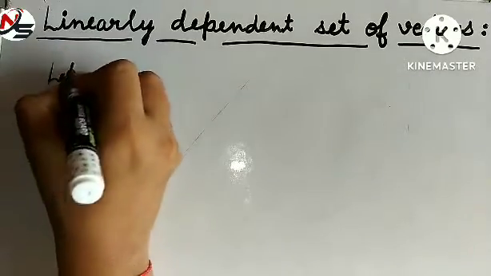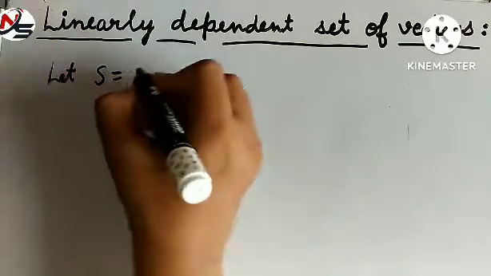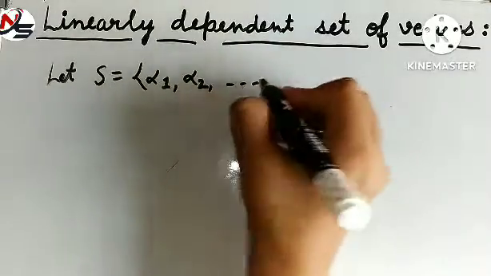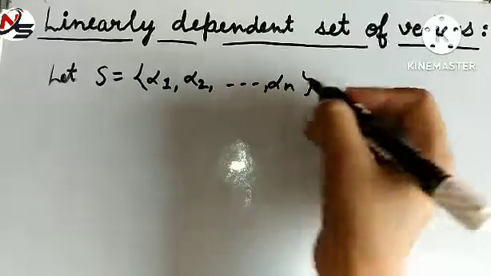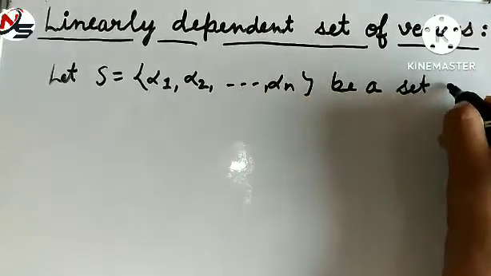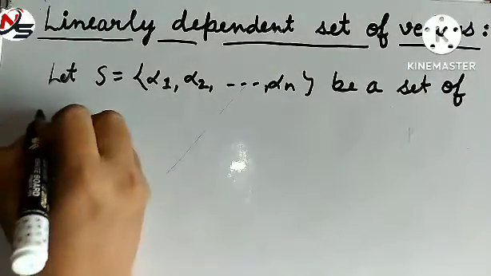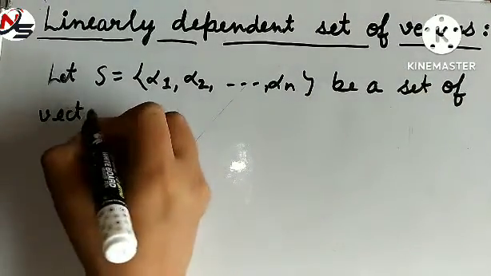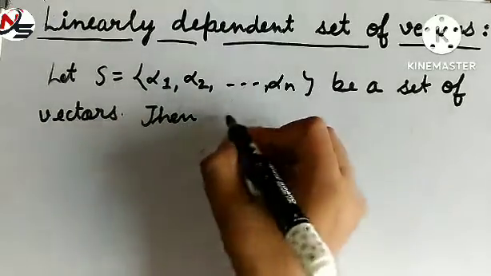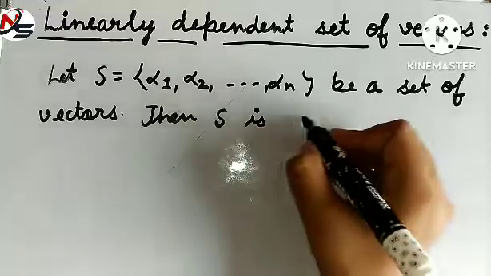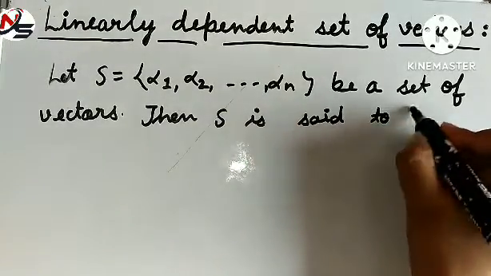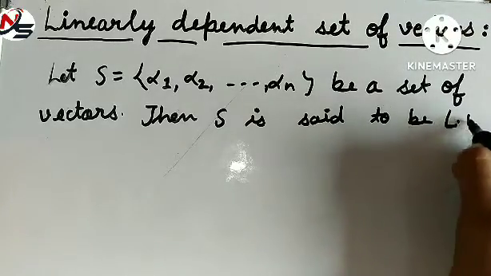Let S equal to {α1, α2, so on αn} be a set of vectors, then S is said to be LD.